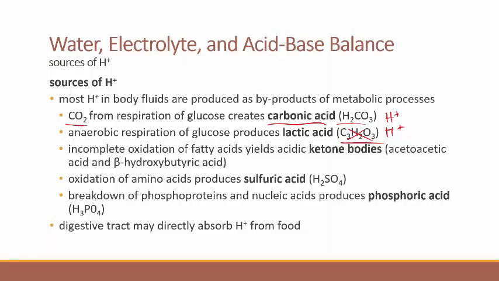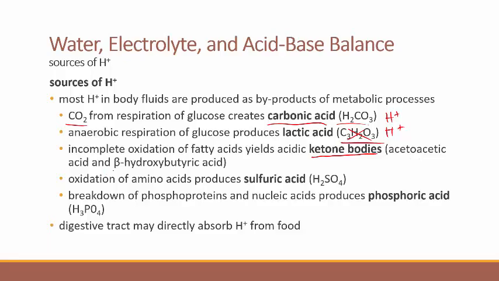When we start breaking down fatty acids in order to make glucose from them so that we can then use that glucose to make ATP, we frequently yield these chemicals called ketone bodies. The two that are acidic are acetoacetic acid and beta-hydroxybutyric acid.